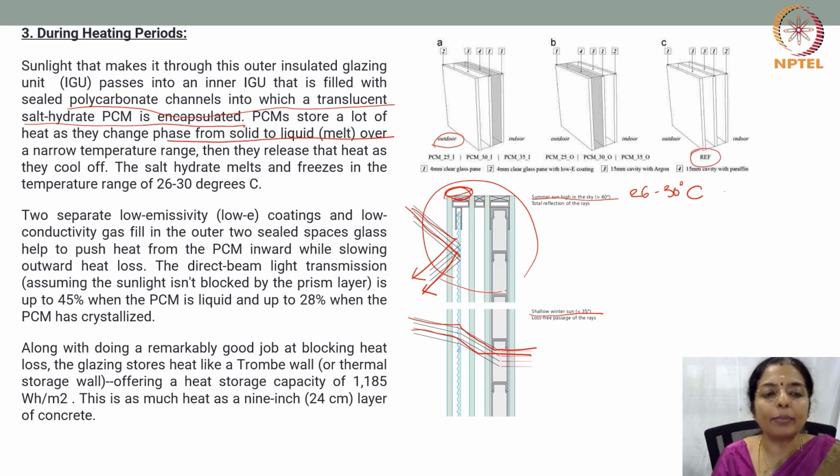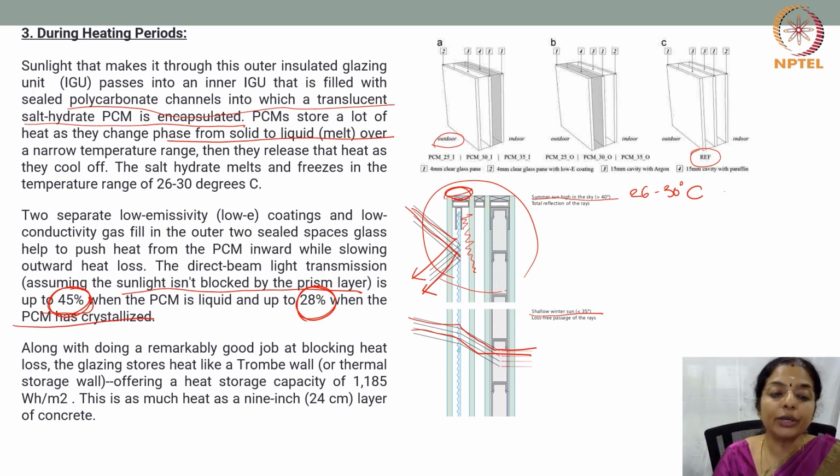So two separate low emissivity coatings and low conductivity glass fill in the outer sealed spaces. The outer sealed spaces have gas filled into them that help to push heat from the PCM inward while slowing outward heat loss. The direct beam light transmission, assuming that the sunlight isn't blocked by the prism layer, is about 45% when PCM is liquid and is 28% when PCM has crystallized.